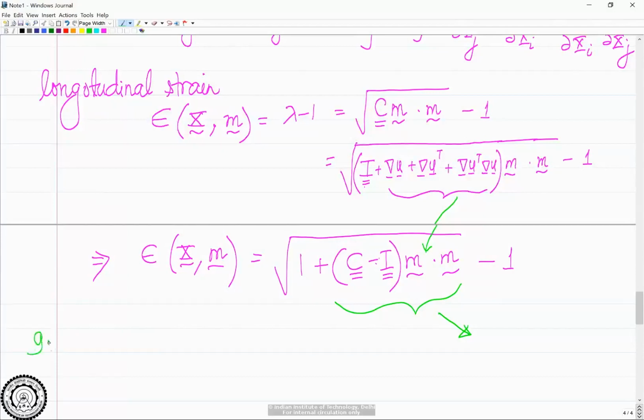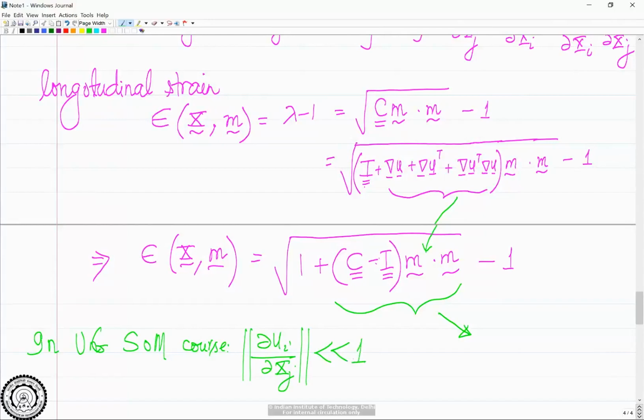So in the UG strength of materials course, del ui over del xj for each i and j was assumed to be much, much less than 1, for example of the order of 0.1.